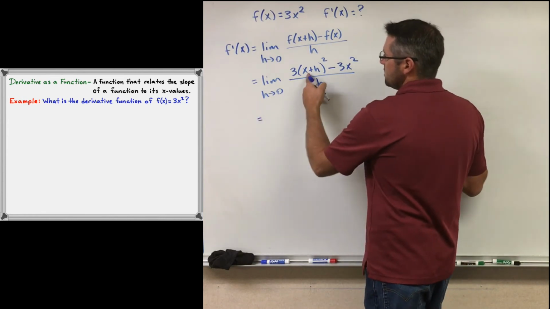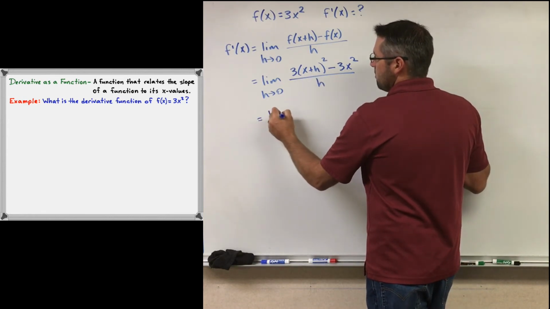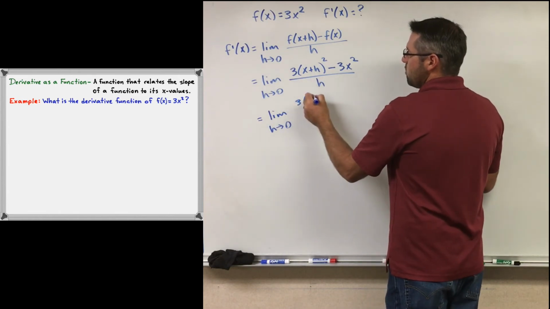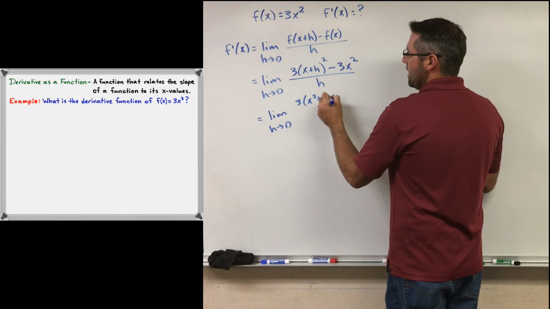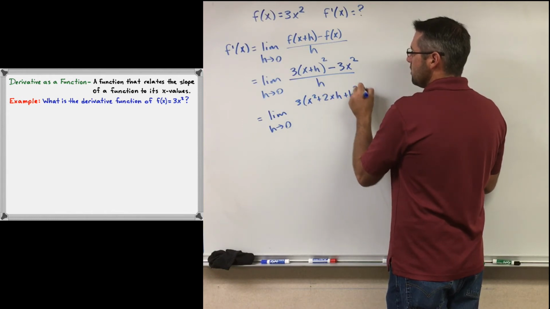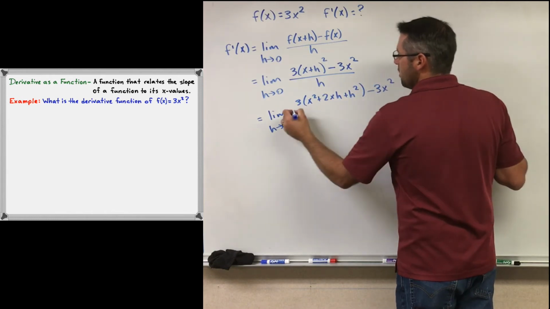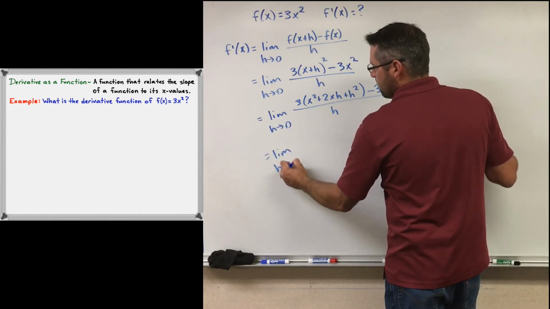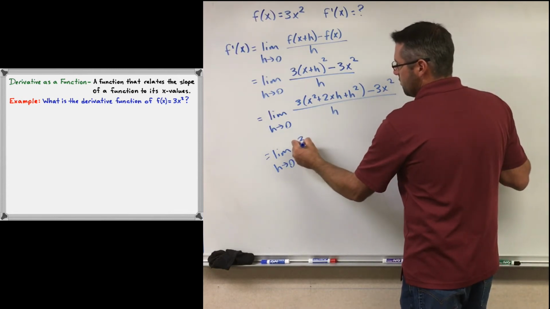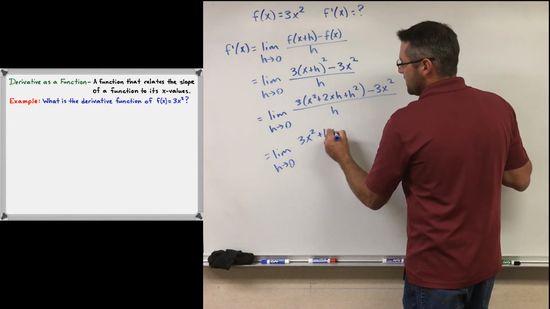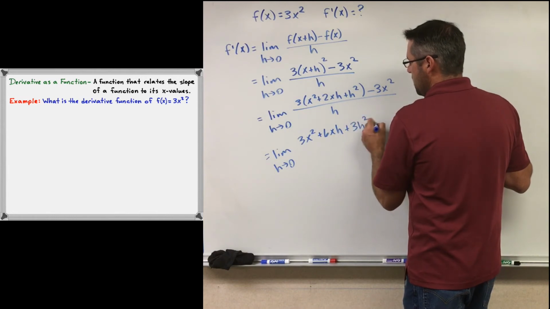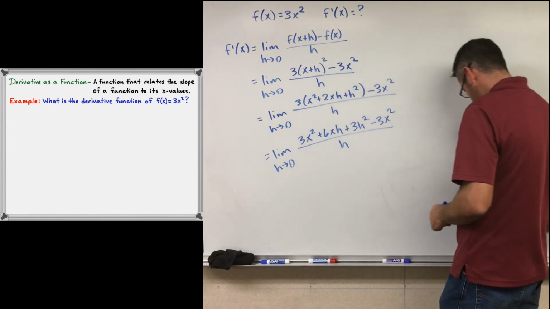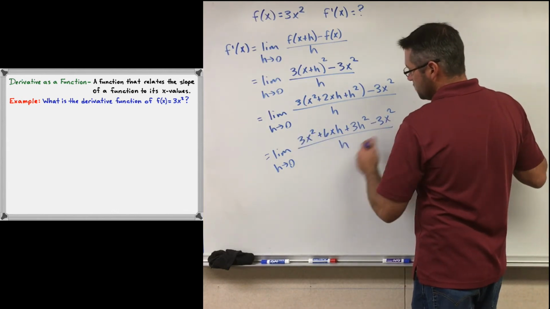Okay? And so we will figure out if we can simplify this. The first thing I'm going to do is square that binomial there. I'll keep that 3 out front. That'll be x squared plus 2xh plus h squared, and then minus 3x squared out back, all over h. And then distributing the 3, we get 3x squared plus 6xh plus 3h squared minus 3x squared all over h. And then from here, we can see that the 3x squareds reduce.